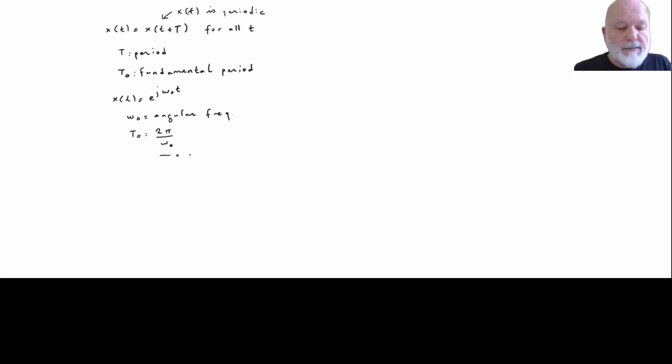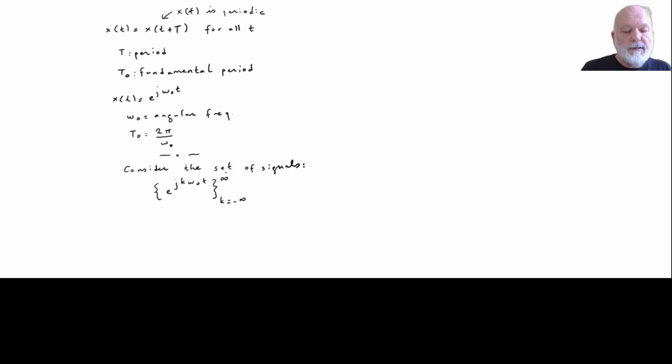First, let us start with a certain definition of a set. Consider the set of signals e to the j k omega 0 t, where the index k is an integer running from minus infinity to plus infinity.